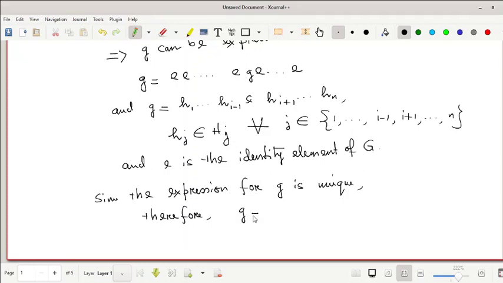So g is equal to e, and therefore Hi intersection H1 H2 ... Hi minus 1, Hi plus 1 ... Hn is equal to {e}. Okay. So one part is over.